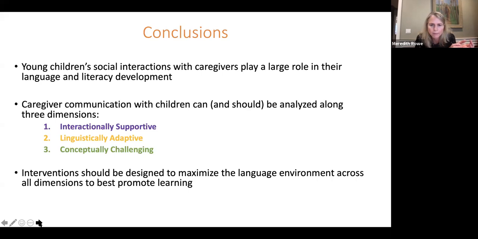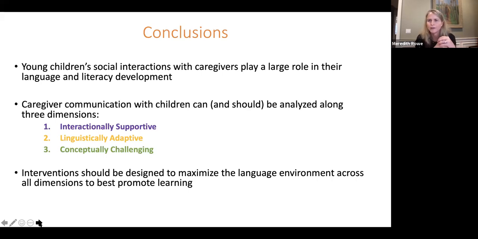And then I gave the one example of decontextualized language intervention as one way to intervene in a way that crosses the dimensions. It's challenging. You can't really say to parents or preschool teachers, you need to use more relative clauses. That's not the kind of advice that most people would take up.